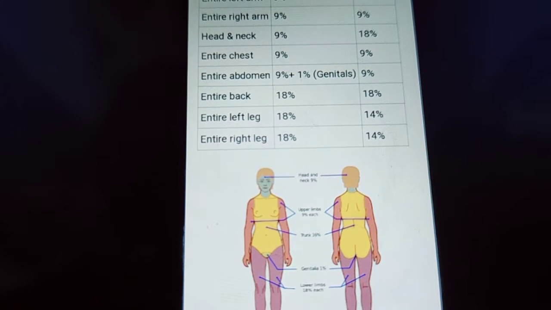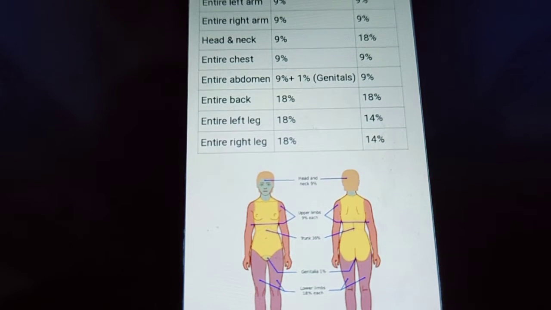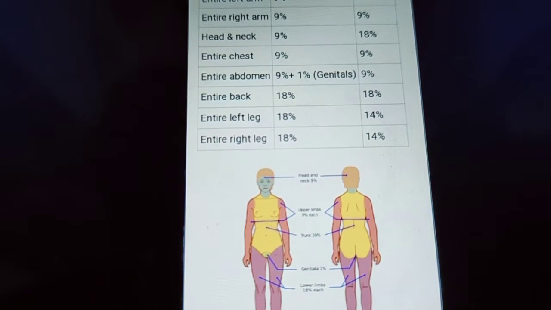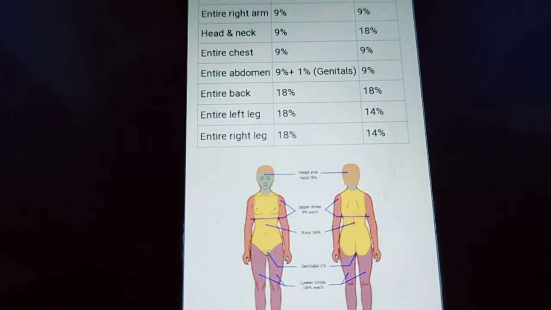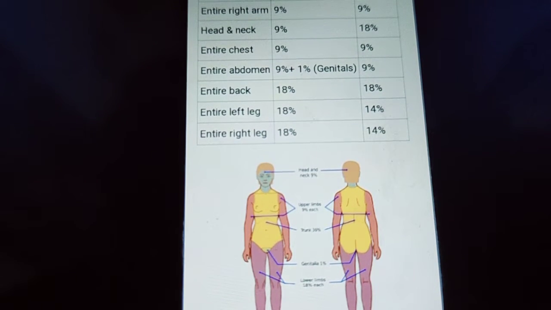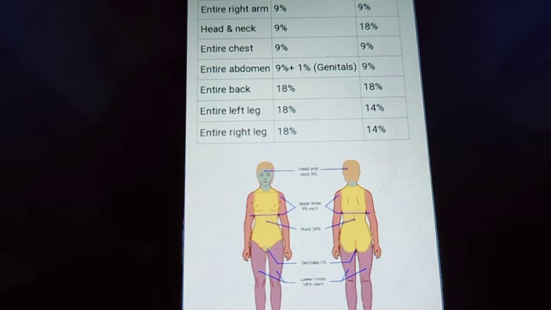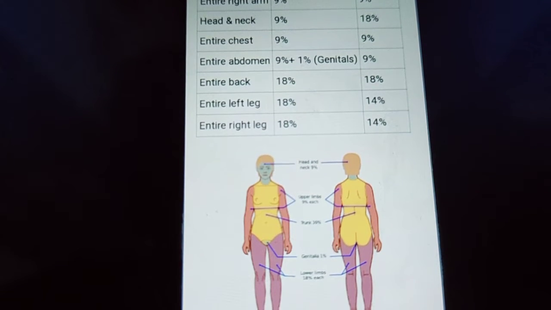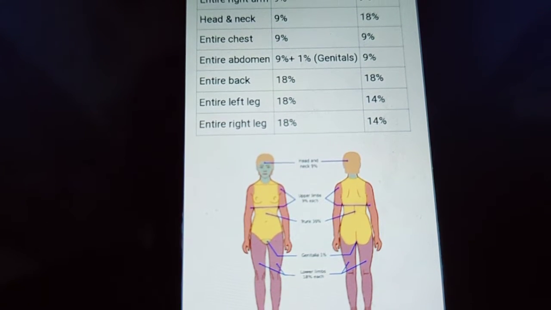Then the upper extremities total 18%, divided as 9% each: right upper extremity 9%, left upper extremity 9%, which can again be divided as 4.5% for the upper arm and 4.5% for the forearm, anterior and posterior. And the lower extremities are estimated as 36%, 18% for each lower extremity, which can again be divided into 9% for the anterior and 9% for the posterior aspect.